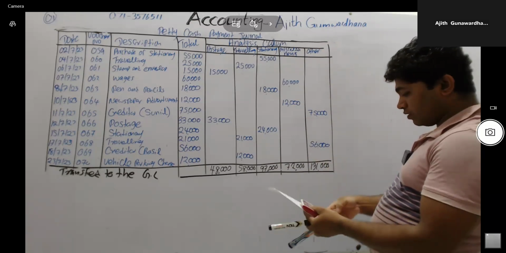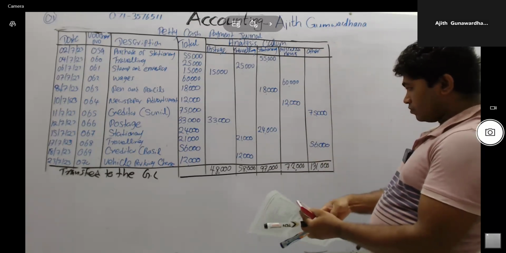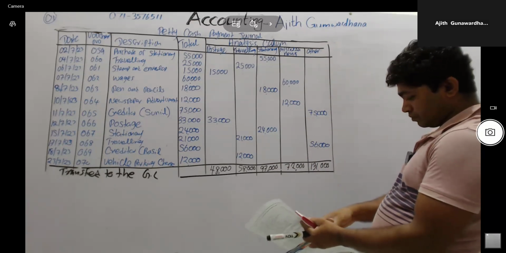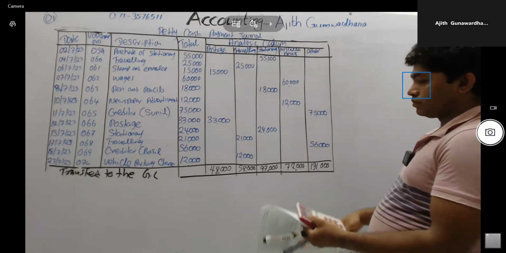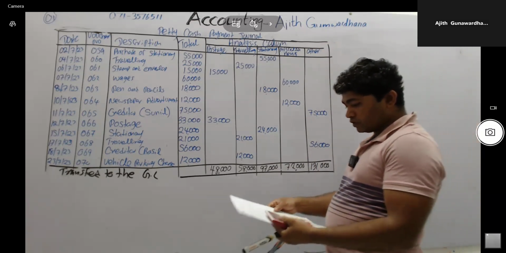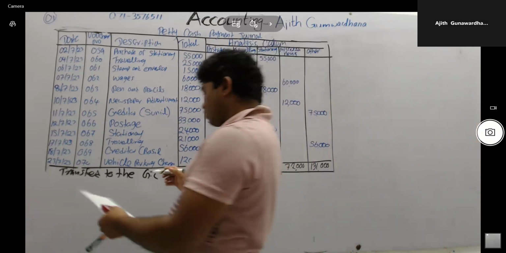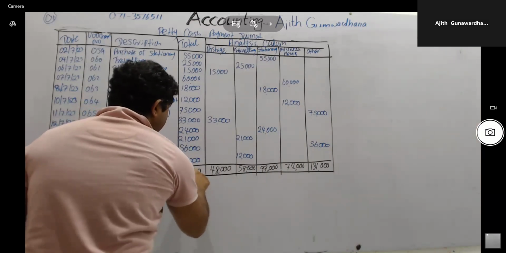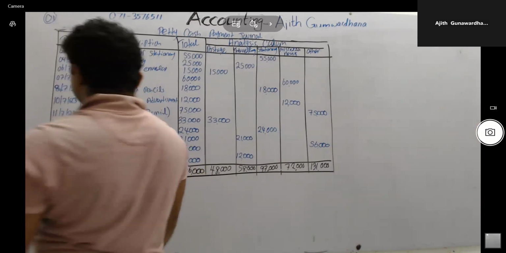Only payments should be recorded here. Calculate the total value also. I think the total column value equals 406,000.